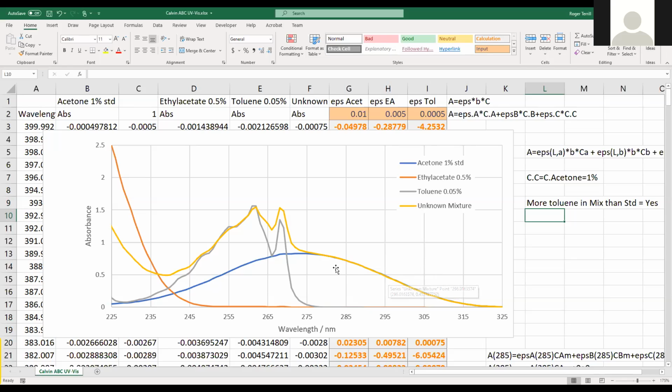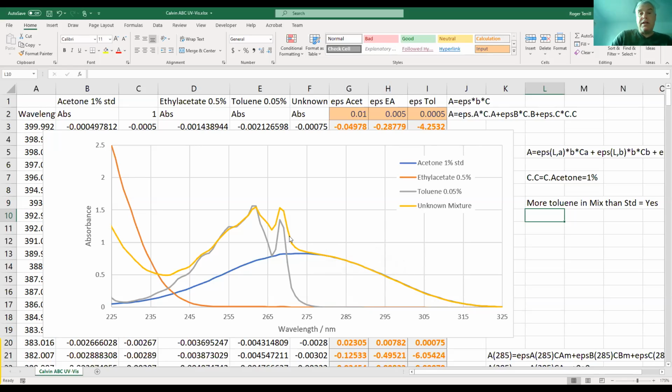No. So does the absorbance due to acetone change as we look at it at different wavelengths? Yeah, the absorbance due to acetone.